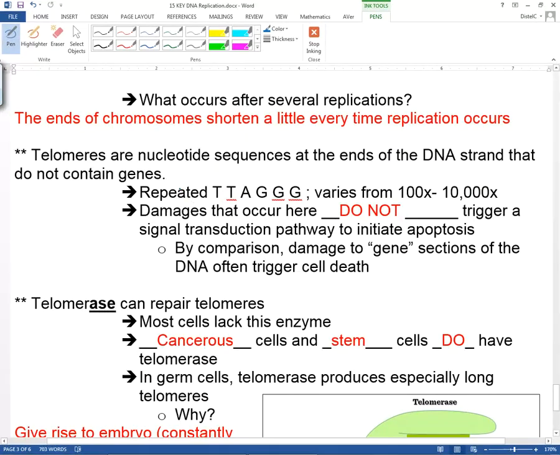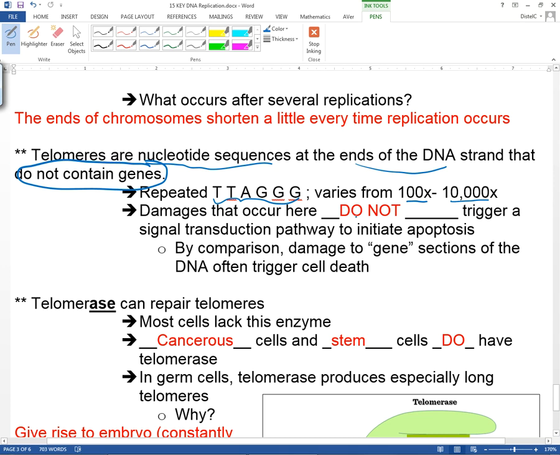So like I said, telomeres are nucleotide sequences at the ends of our DNA, but they do not contain genes. They're usually a repeat of this sequence, and they can repeat it 100 times or 10,000 times. So they could be short, they could be really long.